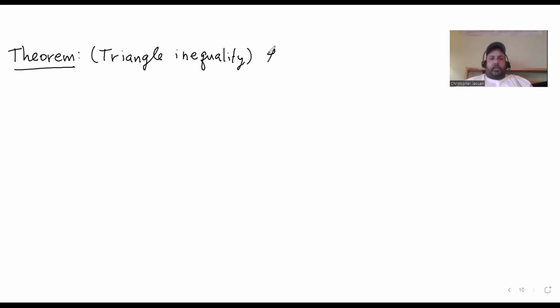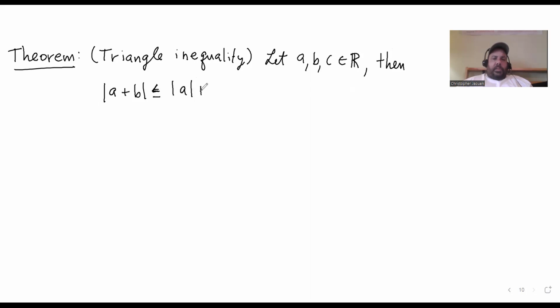And it says, if you let a, b, and c be any real numbers, then the absolute value of a plus b is less than or equal to the absolute value of a plus the absolute value of b. All right, so that's what we're going to prove.